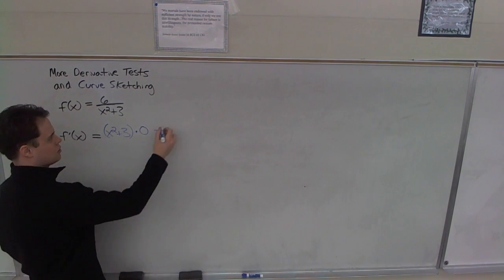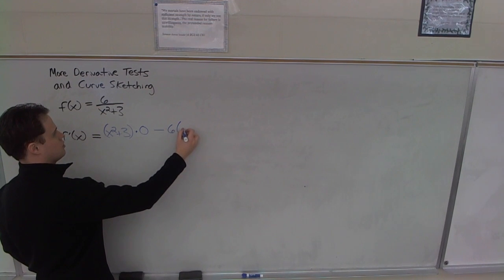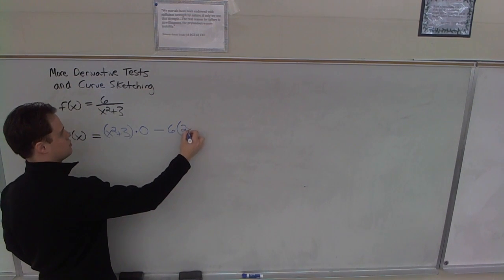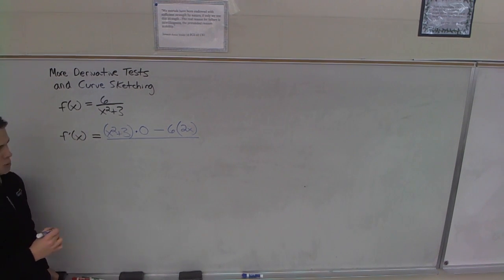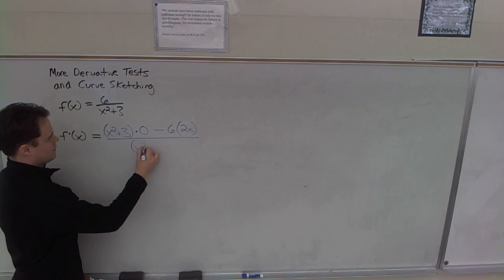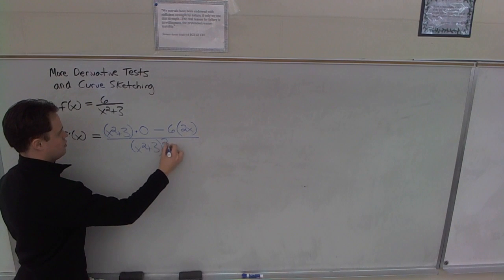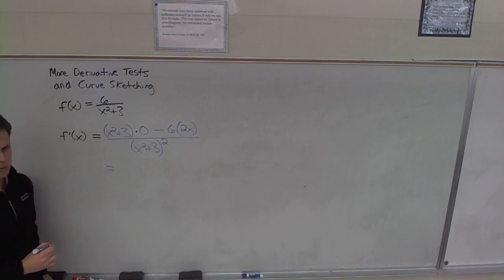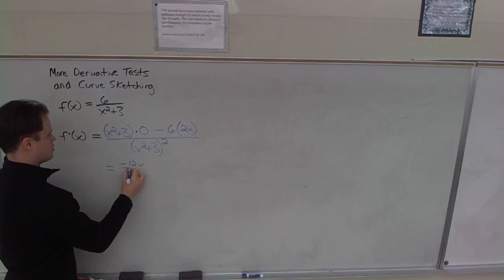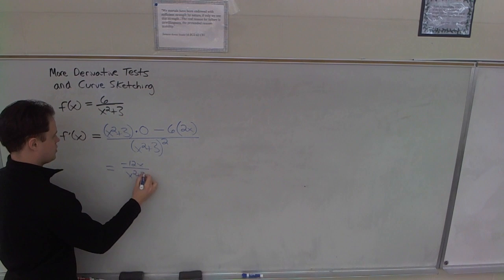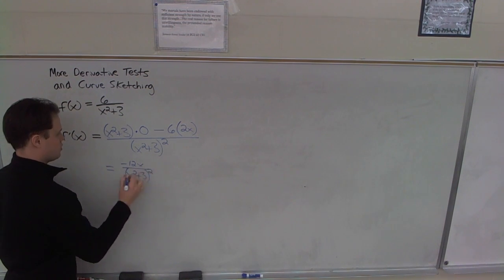Minus, what's D low? Oh, that's dangerous there, D low. Okay. All over bottom squared. Okay, should we simplify it? Yes. Yeah, that goes away, right? So we have negative 12x over x squared plus 3 quantity squared.